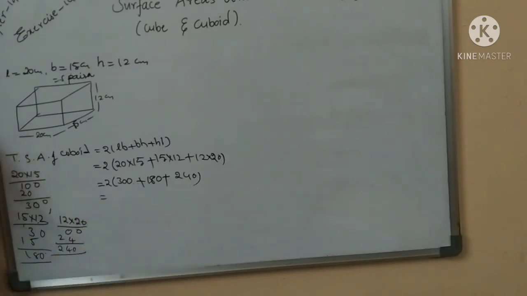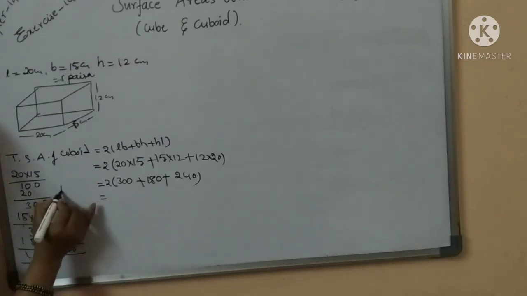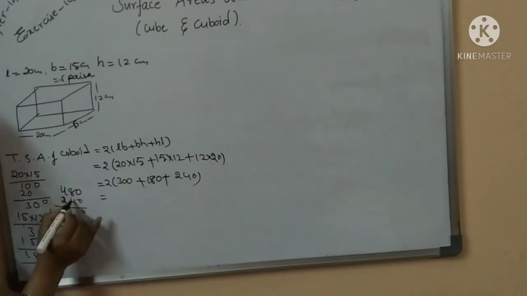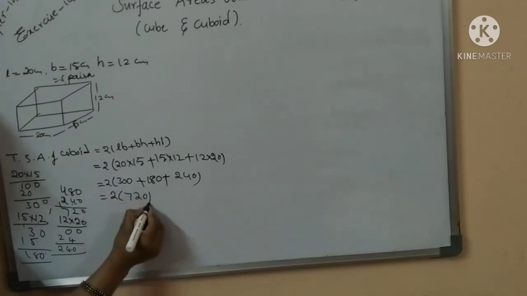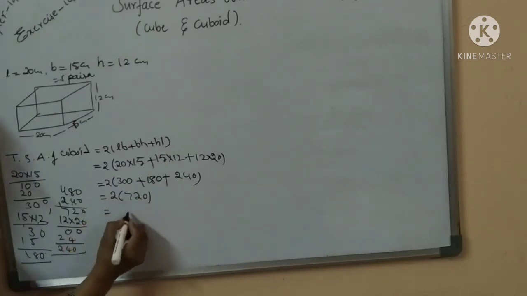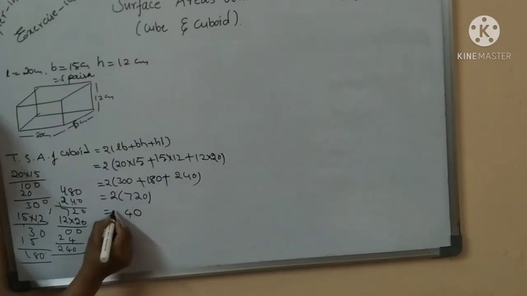So 300 plus 180 is 480, and 480 plus 240 is 720. Then 2 into 720 is 1440.